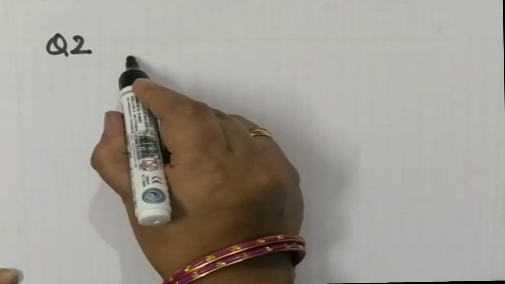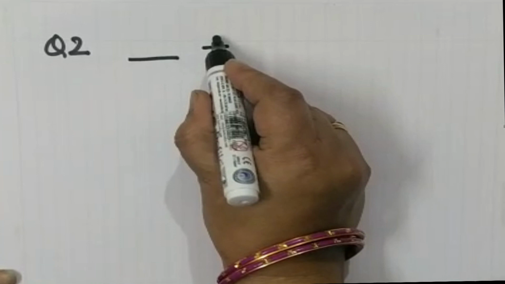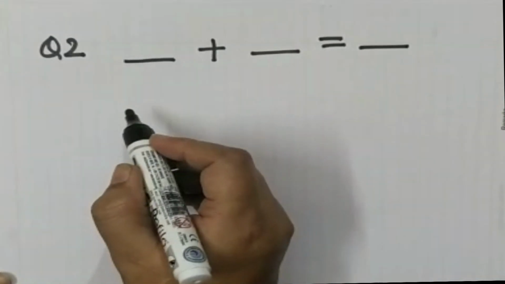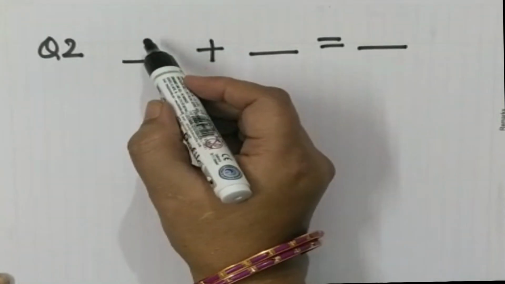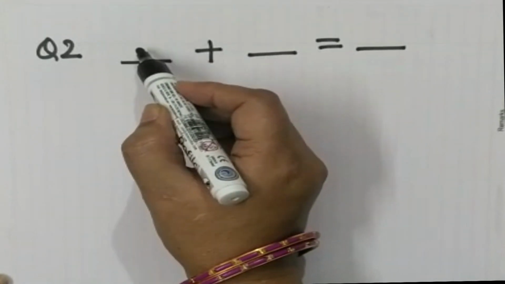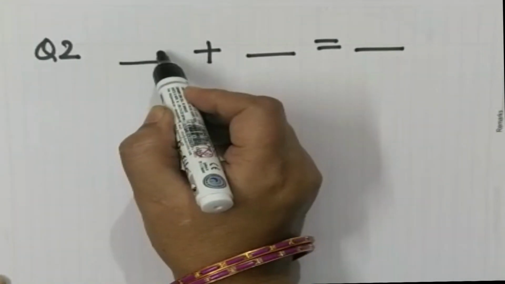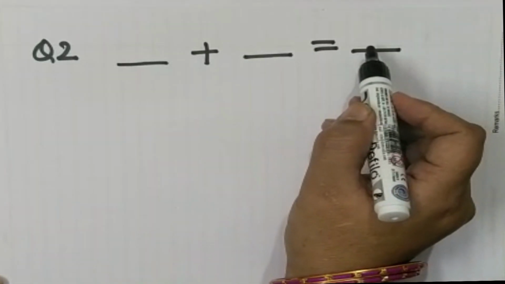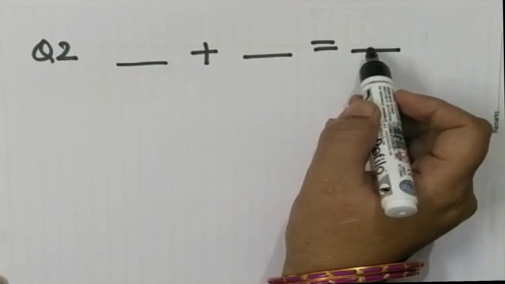What should be added to the difference of 12.45 and 8.75 to get 15.05? Again here the sum of two numbers is a result. Here one number is the difference of the two decimal numbers and the second number is not given, and the result is given.